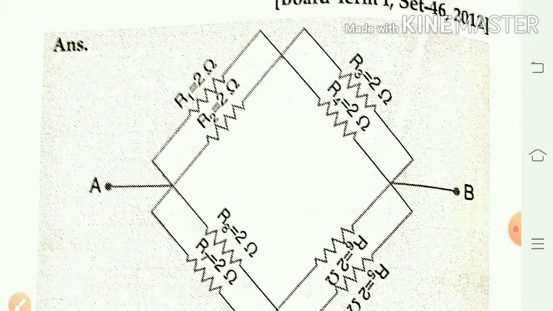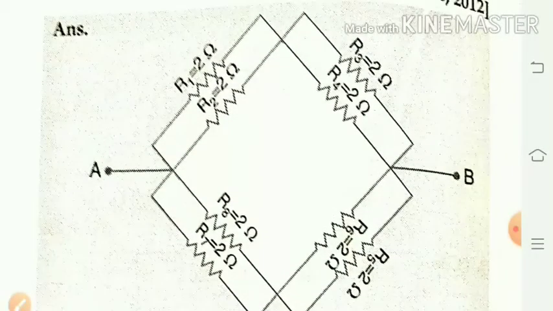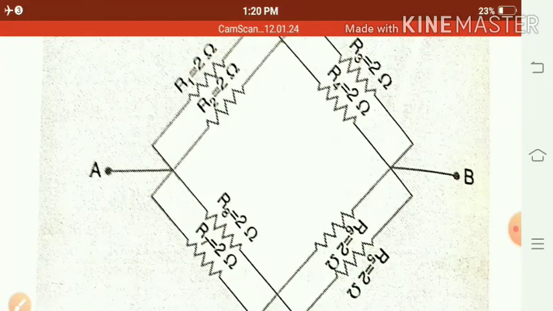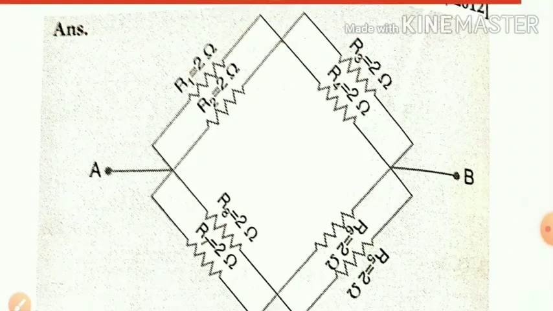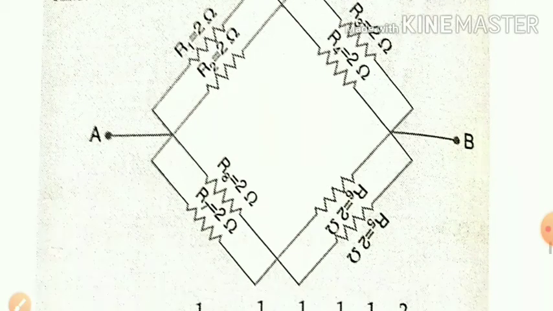A total of 8 resistors are connected, which means some are in series and some are in parallel combination. Here R1, R2 are in parallel, R3, R4 are in parallel, R5, R6 are in parallel and R7, R8 are in parallel combination. We have to find out the total resistance between the 2 points of the wire, that is A and B.